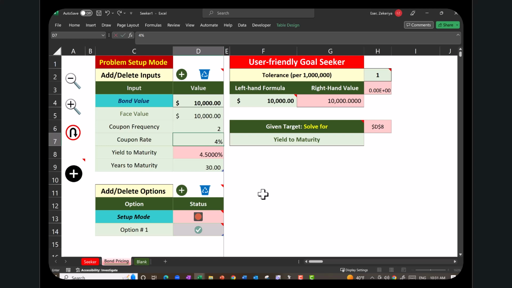So if I go to a yield to maturity of 4.51, just 1 basis point, and that kind of move always happens in bond markets, I lost $17, roughly, or $16.36.